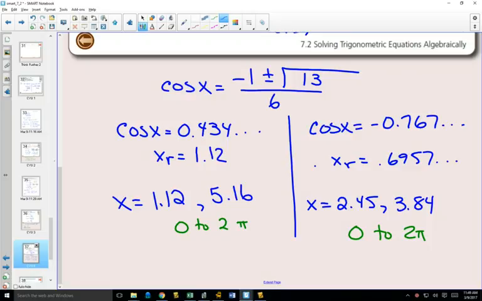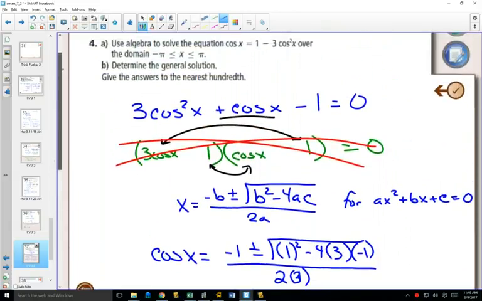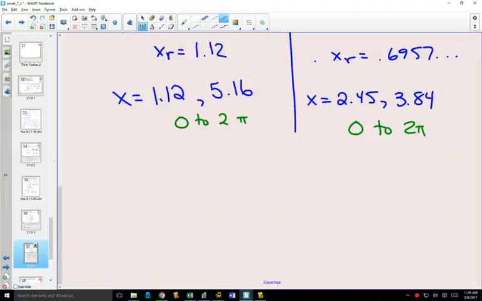Whew, that's a lot of work so far just to solve between 0 and 2 pi. Now we have to remember, go back and check, and what was the domain that they were asking for? The domain they were asking for was from negative pi to pi. So if I wanted to solve from negative pi less than or equal to x less than or equal to pi, I can think, well, what does that mean?